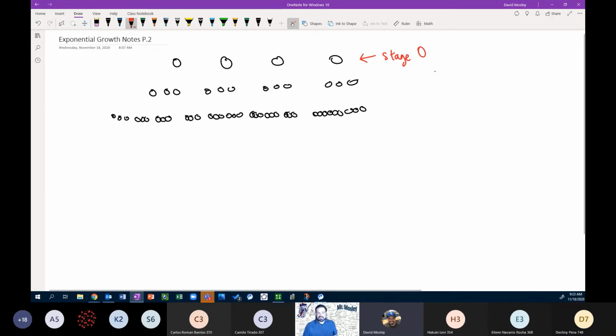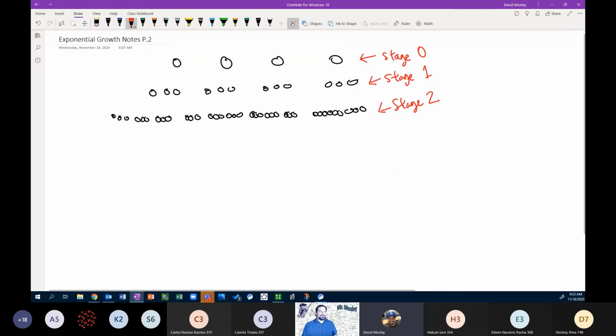The starting stage doesn't count, essentially, as a stage number, right? So then this is stage 2. I'm sorry, stage 1. This is stage 2, right? And then the next one would be stage 3, which I'm not going to draw 108 circles.